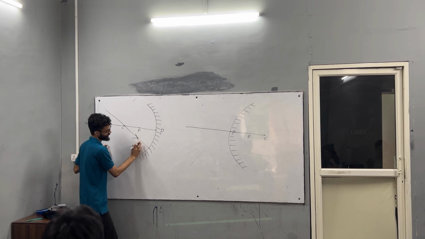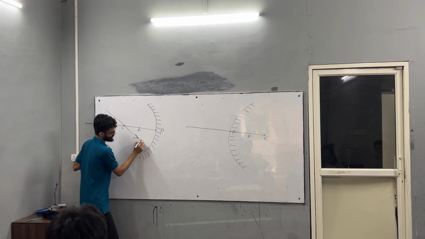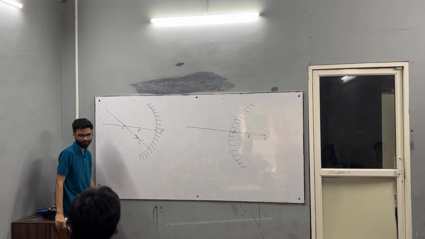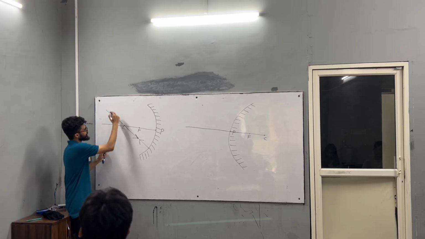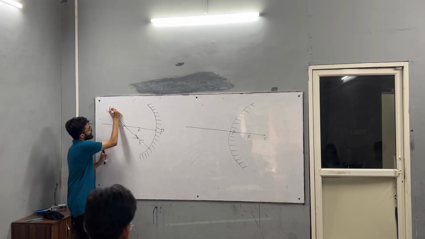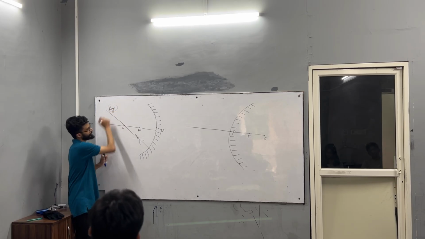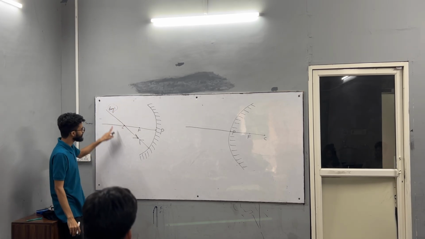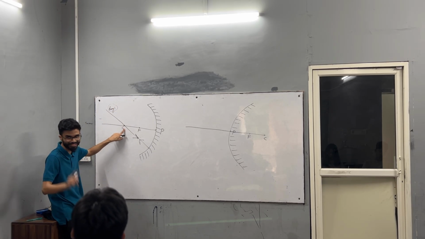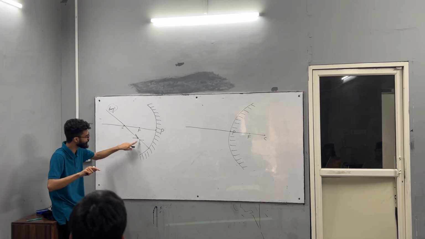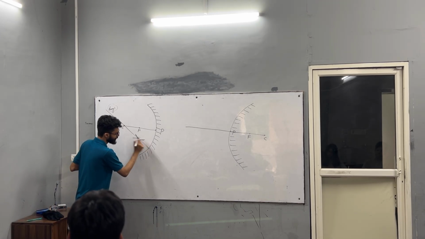Let me draw it better. सही है? So ये first case है. Let me call this ray 1. चलेगा? अगर कोई भी incident light ray is passing through the center of curvature of the mirror, it will be reflected back in the same direction.